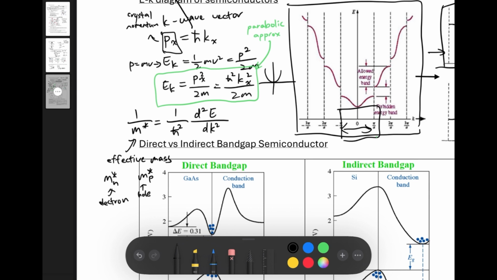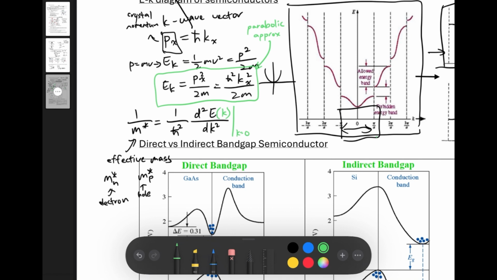This is what you are given in your formula sheet, but I'm just going to add that E is a function of kx, or k in whatever direction is given, and you need to take this value at k equals 0. So essentially they will almost never test this in the exam, but it's still in the formula sheet.